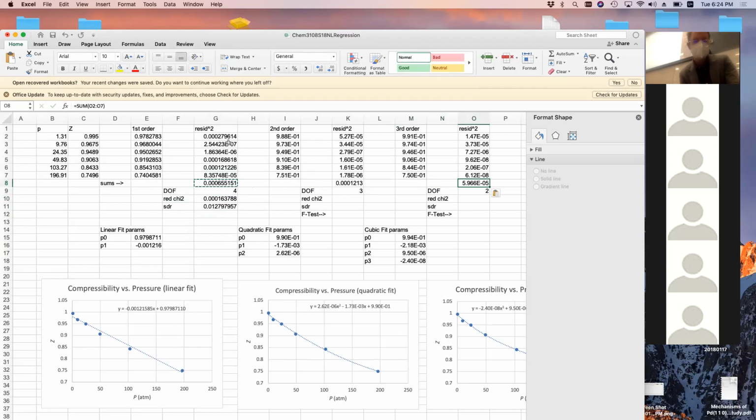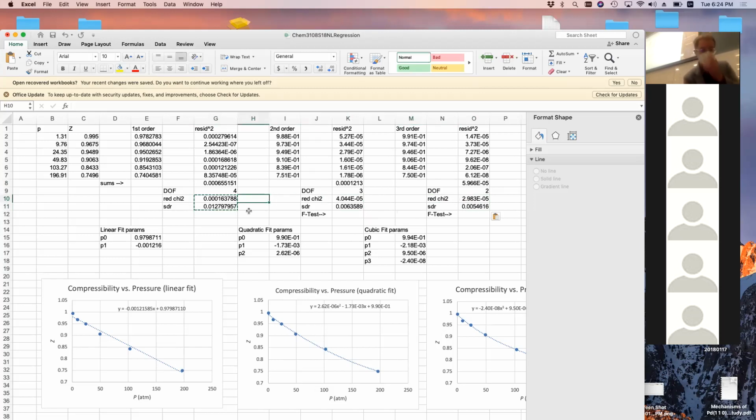So I can calculate the same thing, sum of the residual squared for the second and third order equations. And then I can copy over the formulas to get the reduced chi-squared and the standard deviation of regression for the other two fit models.